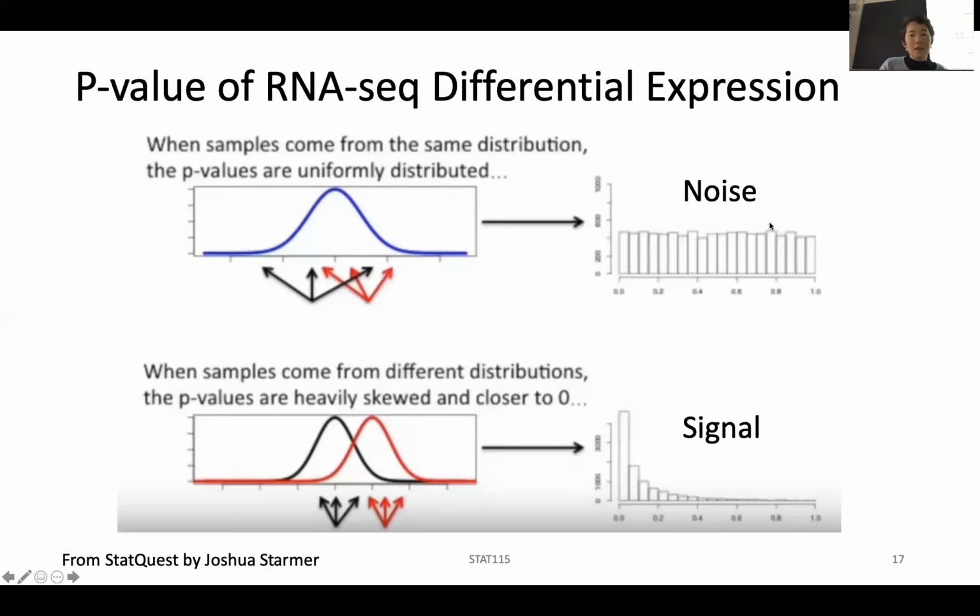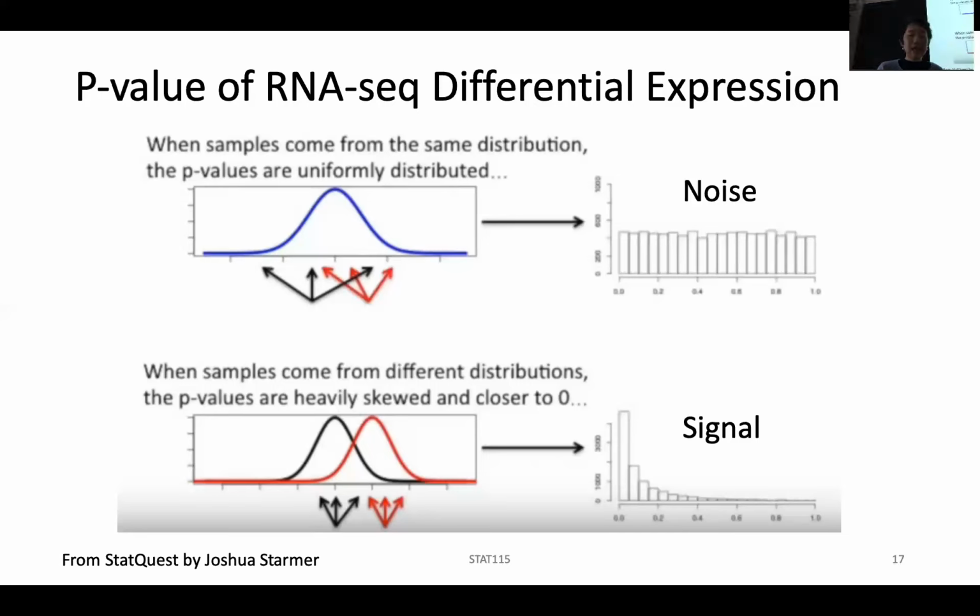So the reality of the data we are getting is a mixture of the two, because you are dealing with 20,000 genes in the genome. I think we can make some safe assumption that anytime you treat a real, live cell with a drug or something, most of the genes are going to stay roughly the same.